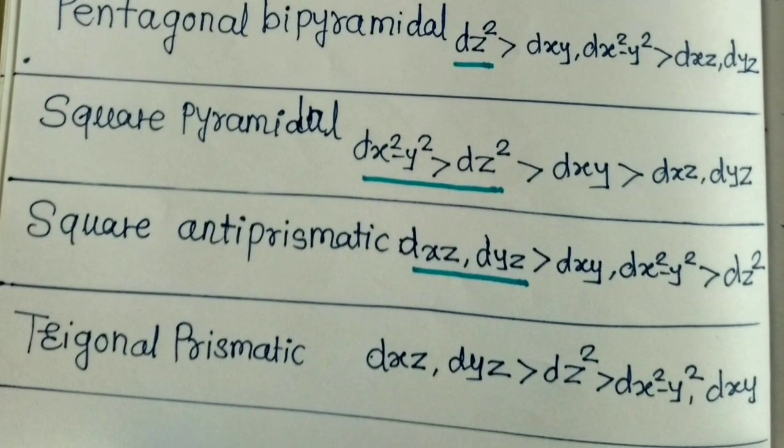Then the last geometry is trigonal prismatic. In trigonal prismatic geometry, dxz and dyz both have the highest energy in the crystal field splitting. Next to that comes dz square, then dx square minus y square and dxy. So in trigonal prismatic, the most stable orbitals are dx square minus y square and dxy, because they have the lower energy.